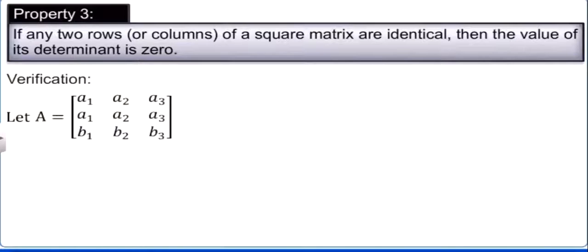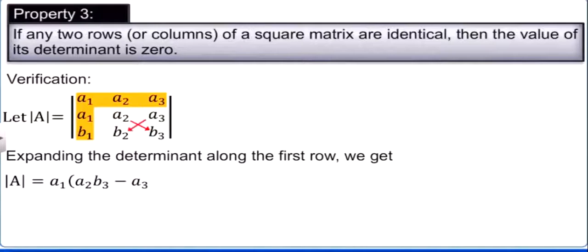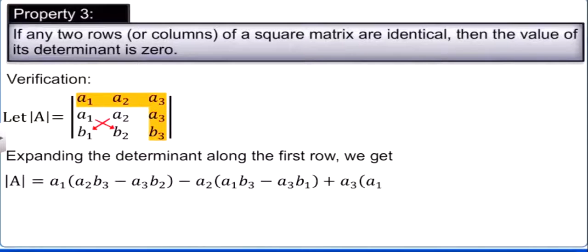Let us consider a matrix A, in which the elements of the first row and the second row are identical. Expanding the determinant of matrix A along the first row, we get A1 times (A2 B3 minus A3 B2) minus A2 times (A1 B3 minus A3 B1) plus A3 times (A1 B2 minus A2 B1).